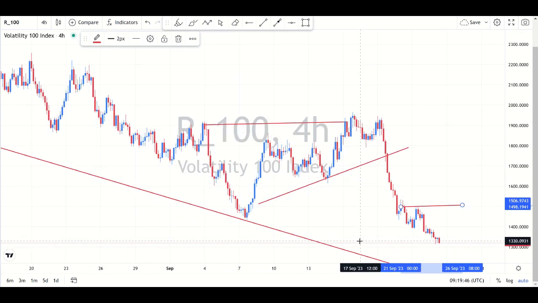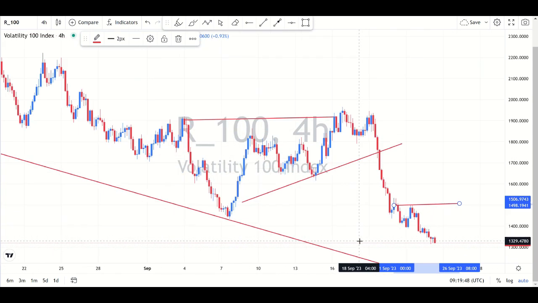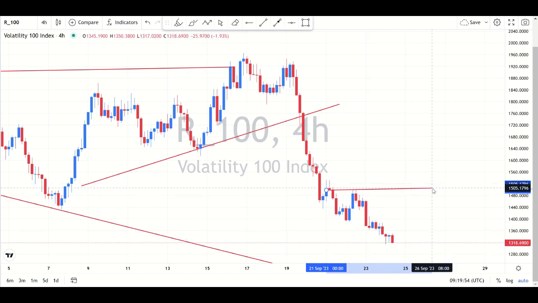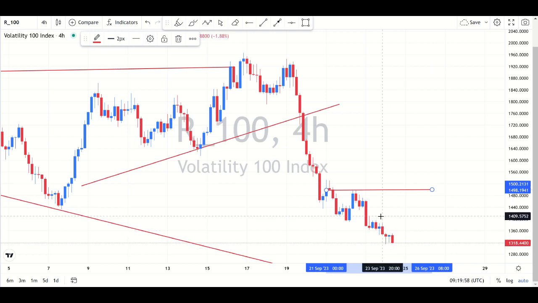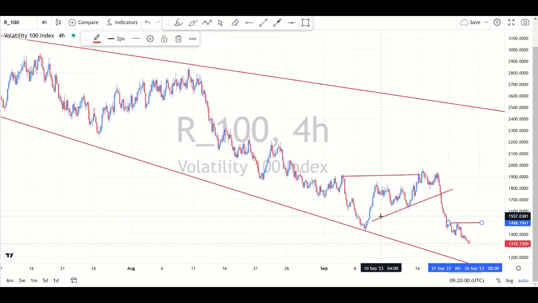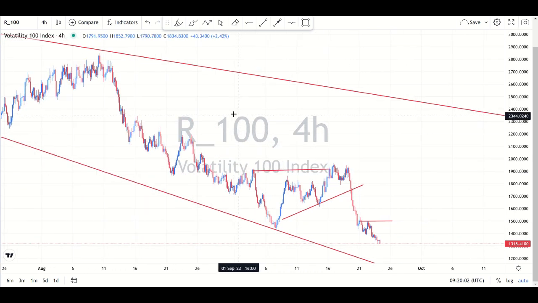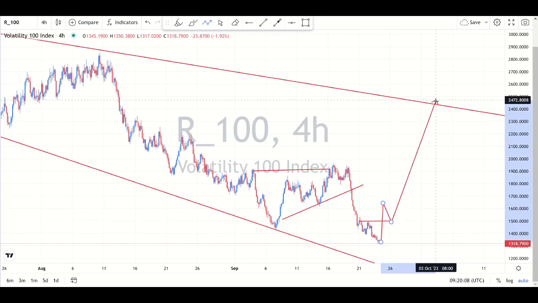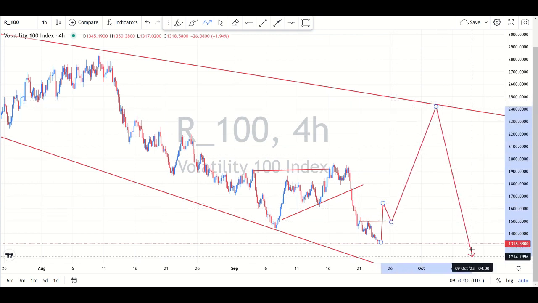As you can see there, that's exactly what we got, and the market keeps on going down. If the market doesn't break this high, it's still bearish, right? It's still bearish. So that's it for VIX100. It's ideal for the market to break up, and then we fill up here and continue down.